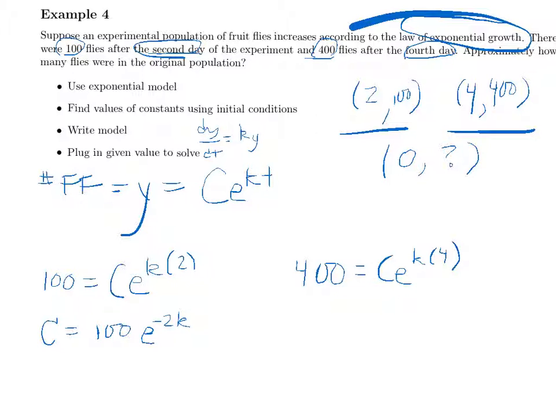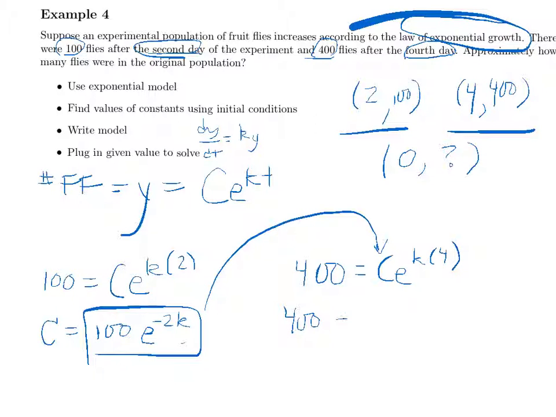You guys okay with that? All right, now we're going to take this value of c and plug it in over here. So we get 400 equals 100 e to the negative 2k times e to the 4k.